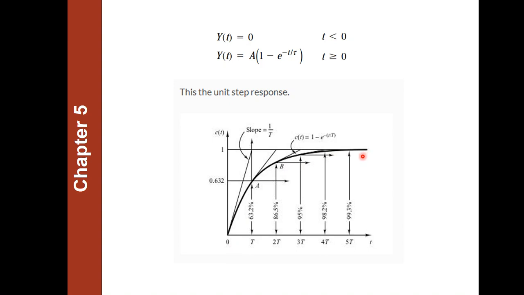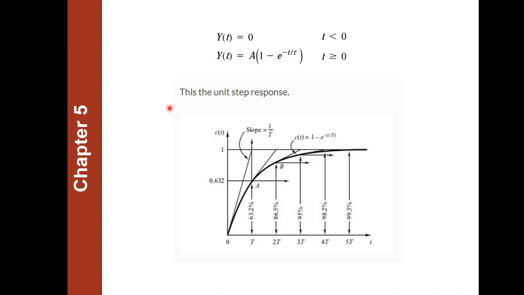I chose this one because you get to see how much of the ultimate input after a certain time was already achieved by your system. So after time tau, your system already reached 63.2% of its ultimate value, which is 1.